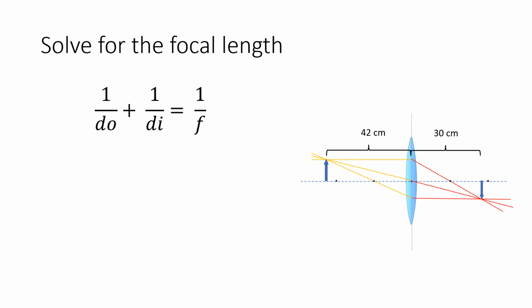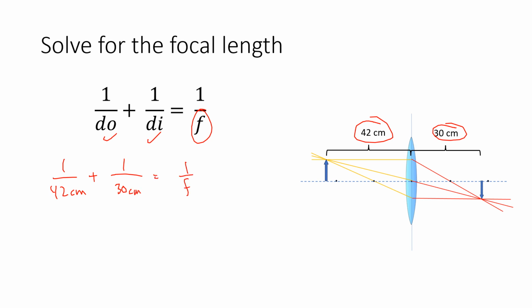Alrighty, so let's use the thin lens equation here to work out a focal length. So this is the value that we want. We have these two, so we should be able to solve it. So 1 over d0, or distance to the object, is 42 centimeters. And we're going to add that to 1 over distance to the image, which is 30 centimeters. And that's going to equal 1 over the focal length.